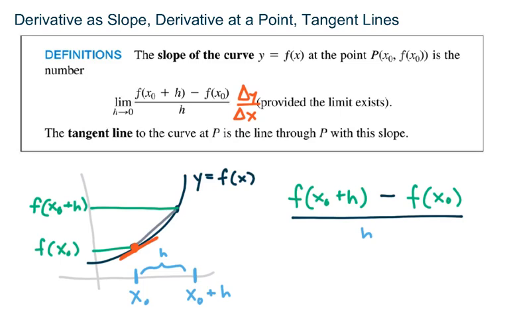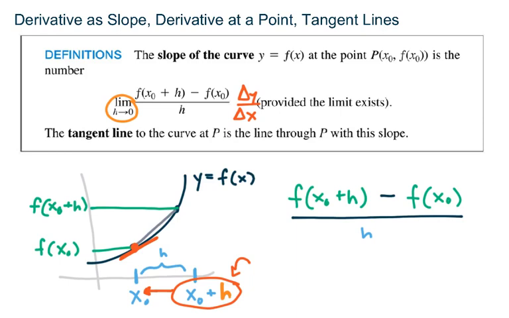So in order for me to do this, what we think about doing is letting this x sub 0 plus h become really, really close to my original x sub 0, to the point where I'm essentially adding 0h, right? So we're looking at the limit as h approaches 0.